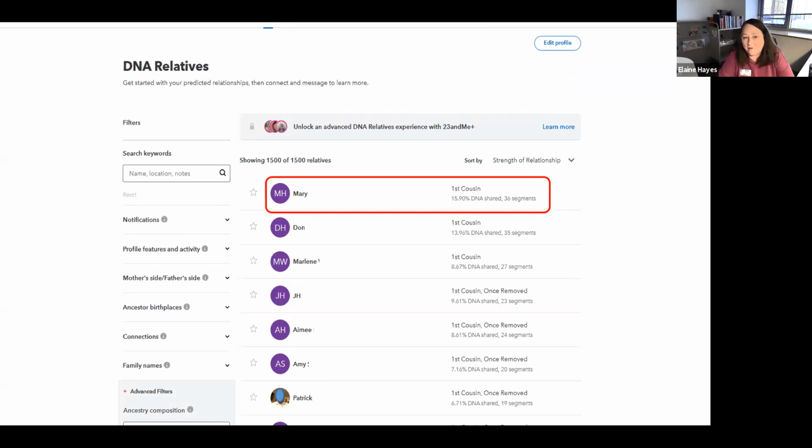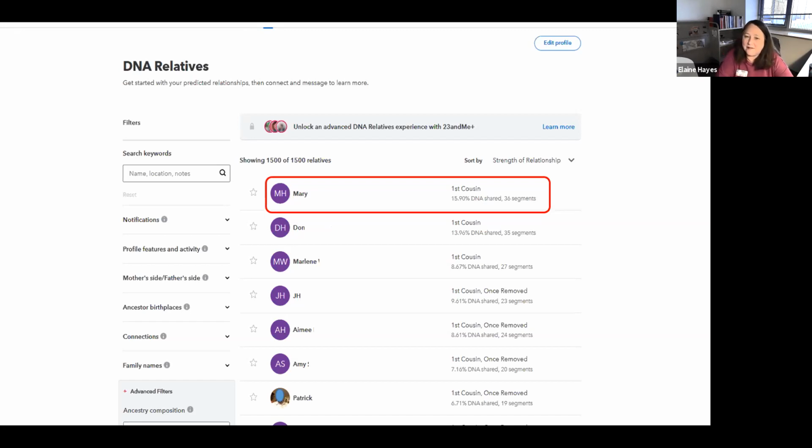And that also must be the one that's from my dad, because he had the Scandinavian ancestry. All right, here's my relatives. And I had 1,500 relatives on 23andMe. There were quite a bit more on Ancestry because I think it's a bigger database. But my first cousin, Mary, instead of centimorgan numbers, they gave me percentages.